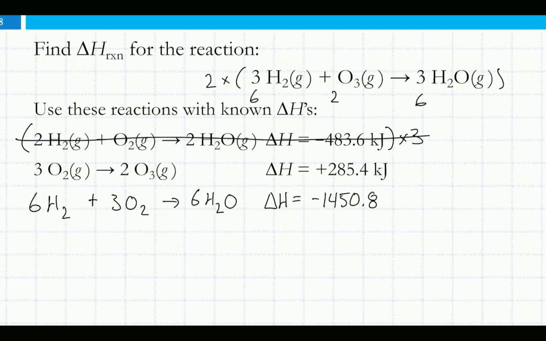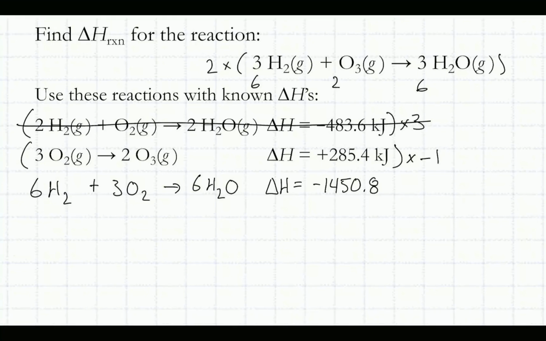Actually, no, it might be fine. I think we just have to flip it. So we'll flip that one, multiply it by -1. So this will be 2O3 to 3O2, its delta H, 285.4.